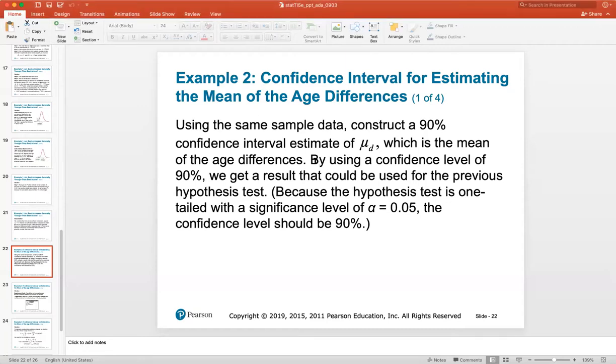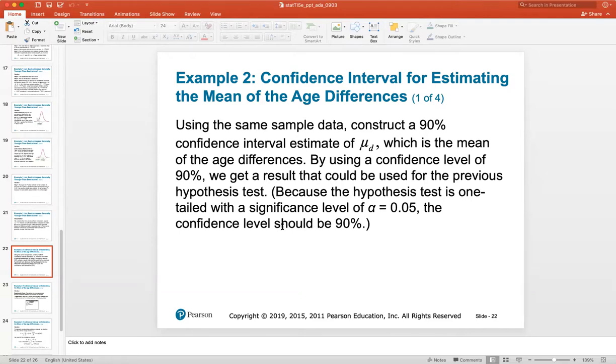Then the significance level alpha is 0.05. We did use 0.05 as the significance level in the previous example one. Do example one and example two have different settings? No. By using the confidence level of 90%, we get a result that could be used for the previous hypothesis test. In the hypothesis test, we use a one-tailed test, right?